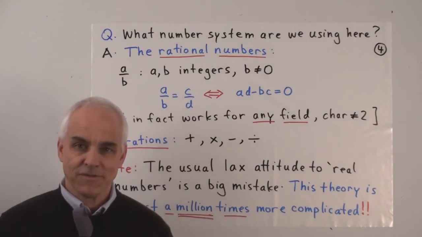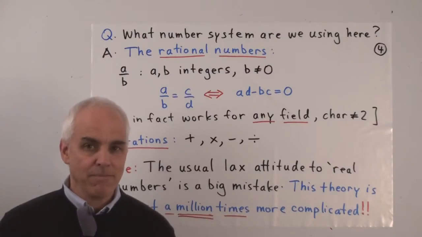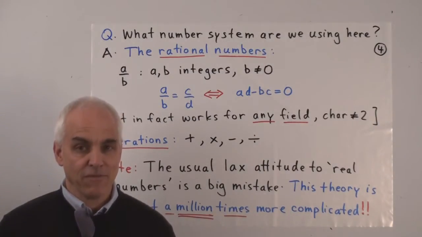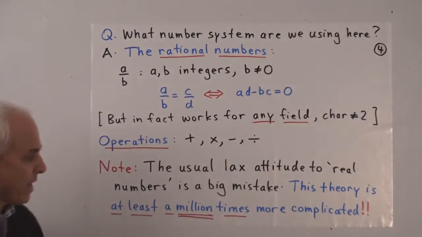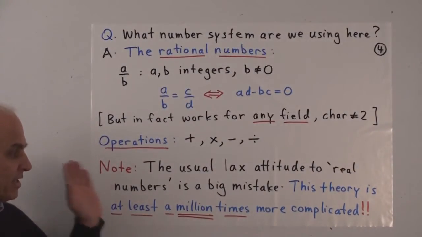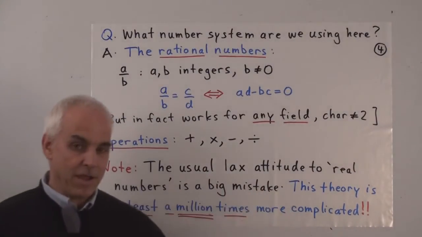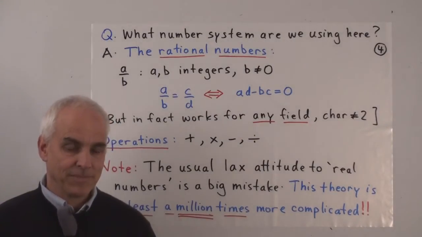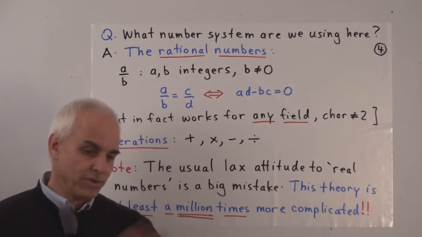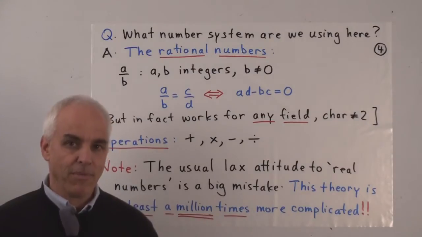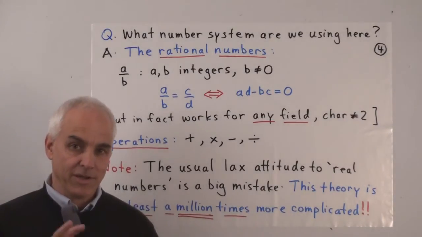And this is a source of inaccuracy and confusion that infiltrates many, many different branches of mathematics, unfortunately. Now, I'm going to deal with all of that in my Math Foundations series. So eventually in that series I'm going to explain all about real numbers and the problems that currently exist with them.